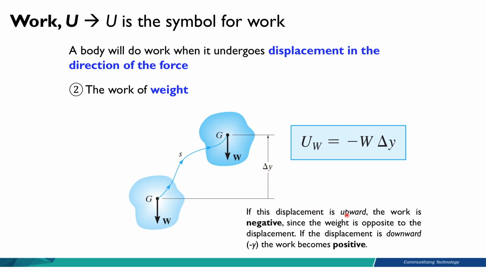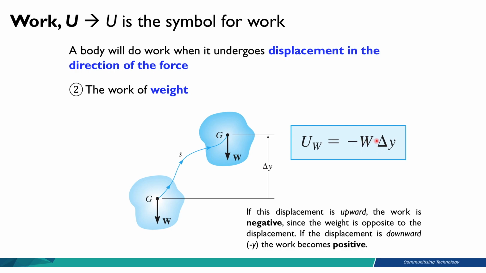So if the displacement is upward, for example, if we have a ball thrown up, the ball actually travels from bottom going up, so the displacement is upward. Therefore the work done is negative, because delta Y is positive.